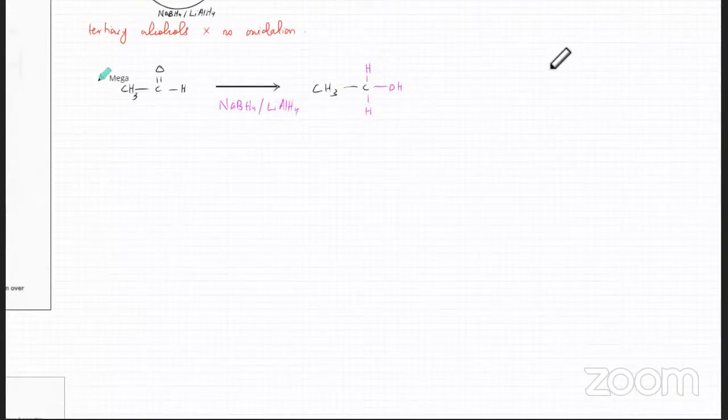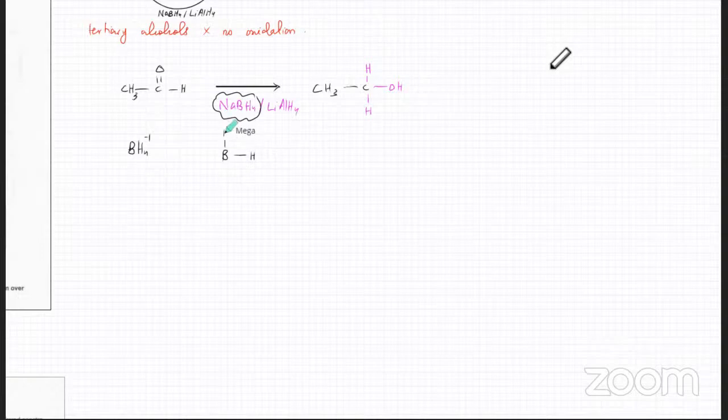What happens is that you should have some knowledge of what NaBH4 or, for that part, LiAlH4 are. Now Na has no role whatsoever. It's basically BH4 minus 1 ions. Boron is in group 3, so it shares 3 electrons with 3 hydrogen atoms. But that does not complete its octet.